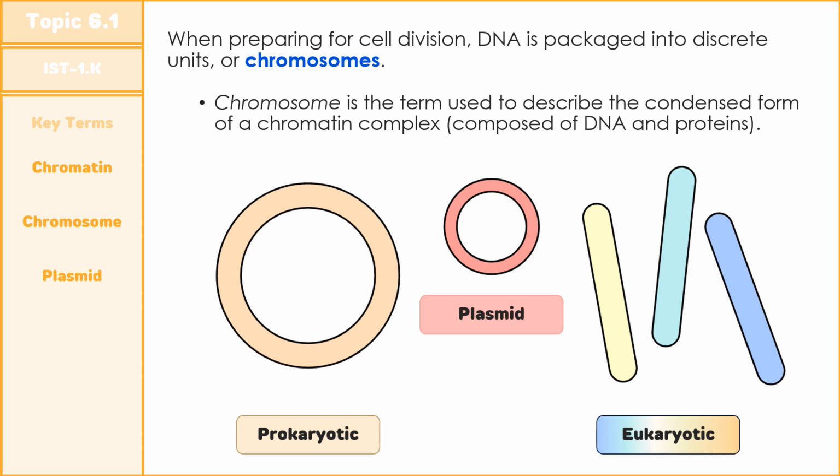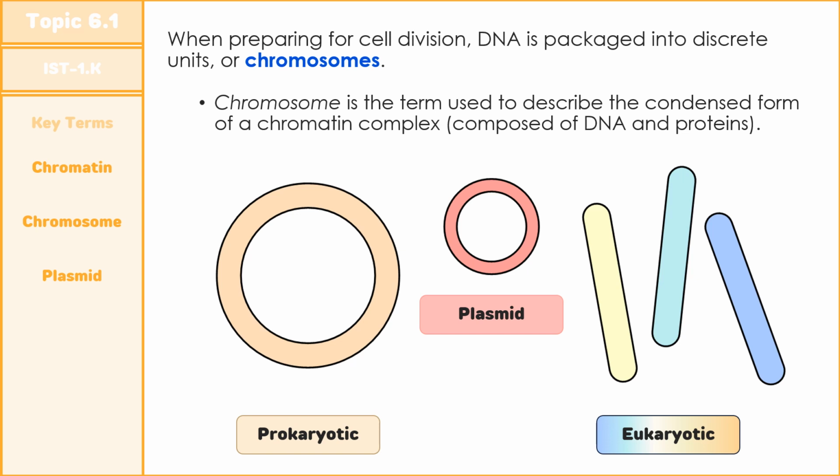So in a prokaryotic cell like a bacteria, we may find a single circular chromosome, but we may also find accessory chromosomes as plasmids. Plasmids are like the DLC version of the genes. So these are extra genes that may be acquired from other bacteria. We'll talk a little bit more about that process in the future.